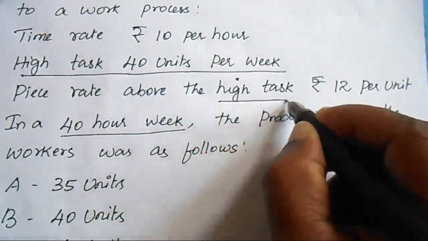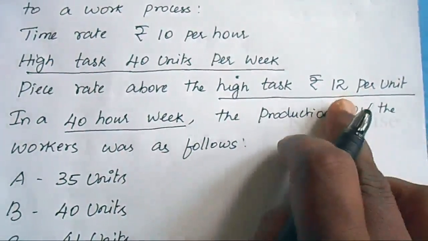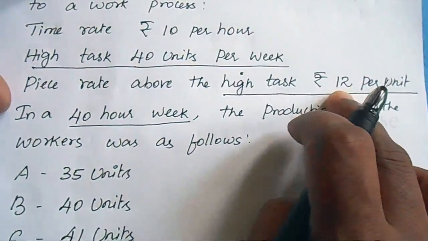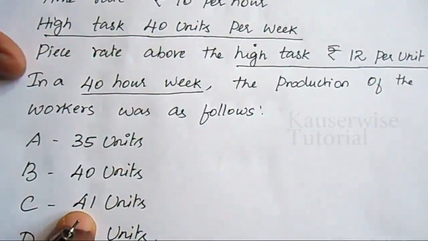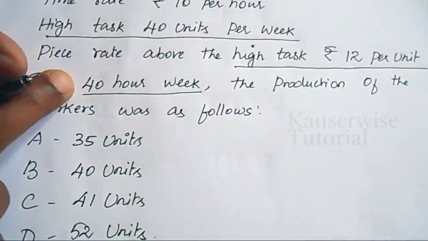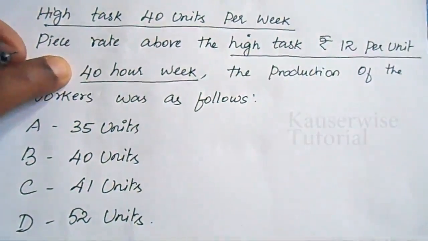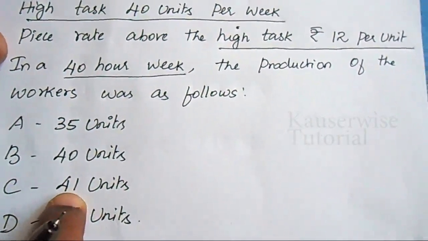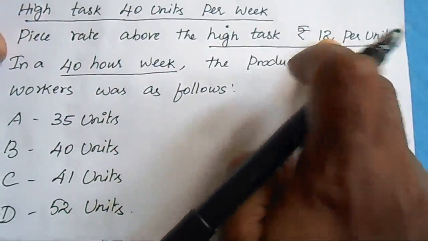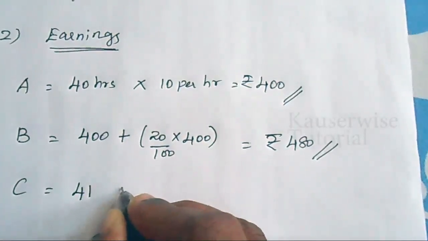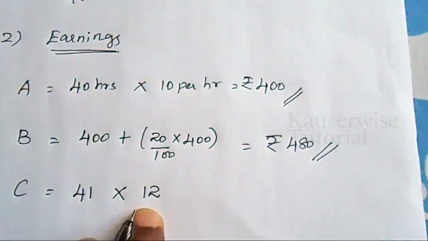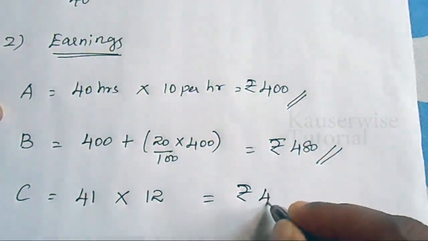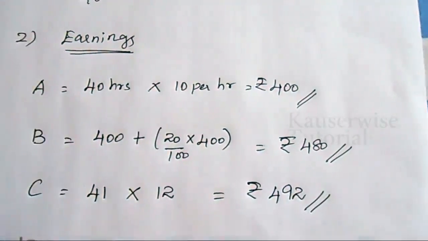High piece rate 12 rupees per piece into number of units produced, not based on the hour. 41 units produced into 12 rupees per piece. So what is the answer? Rupees 492.